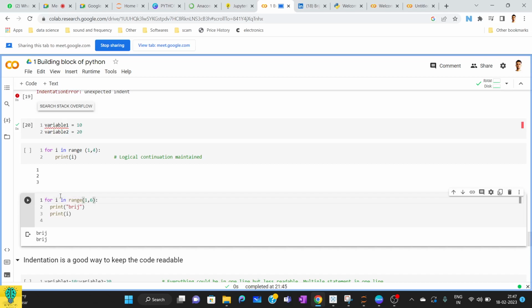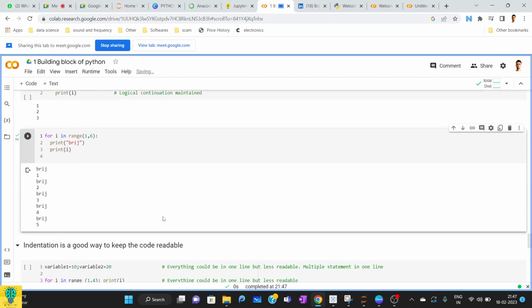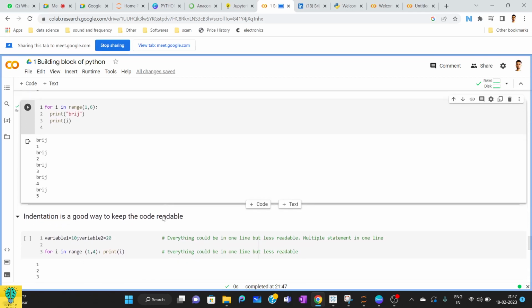In range, after 1 comes 2. This is going to print the second time. You see, it prints 1, then it goes back again to the for statement, then the I value has changed to 2. Now it is going to print 2, then again it goes back to the for loop, then 3, 4, 5, like that. So that is how we do it.